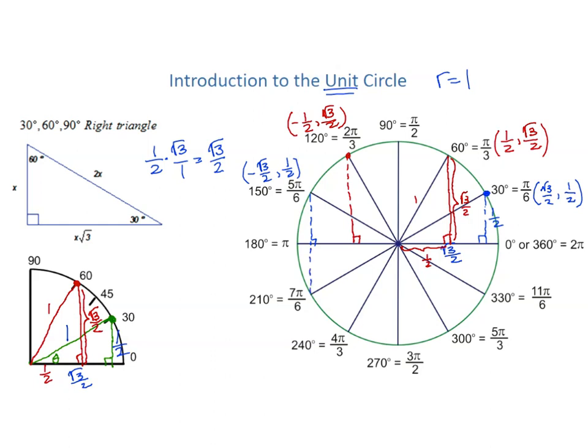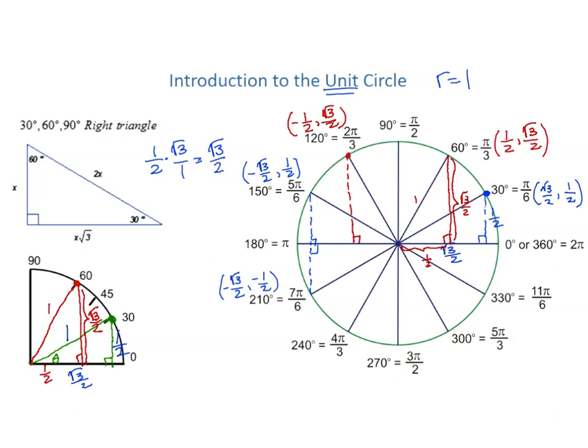Let's go down to this one. To get to this point, 7 pi over 6, or 210 degrees, I would have to go the long leg to the left, and then the short leg down. So that would be the long leg to the left would be negative root 3 over 2, and then the short leg down would be negative a half.